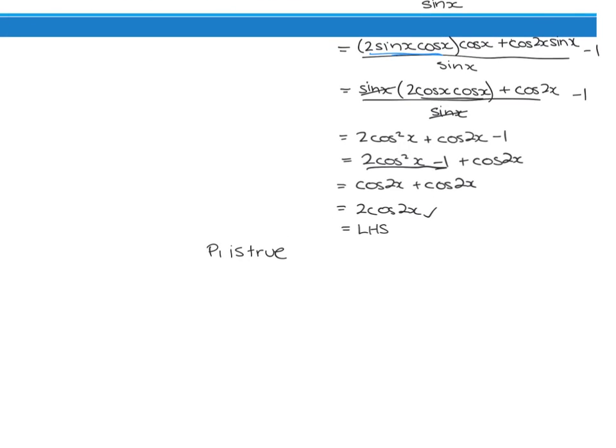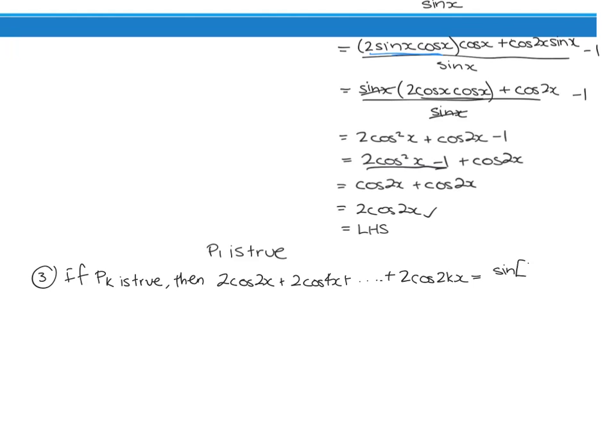So step 3 is if P(k) is true, then 2 cos 2x plus 2 cos 4x, I'm going to skip a few, plus 2 cos 2kx, and I'm sorry, I know you can't see the question, is equal to sine (2k plus 1)x over sine x minus 1.